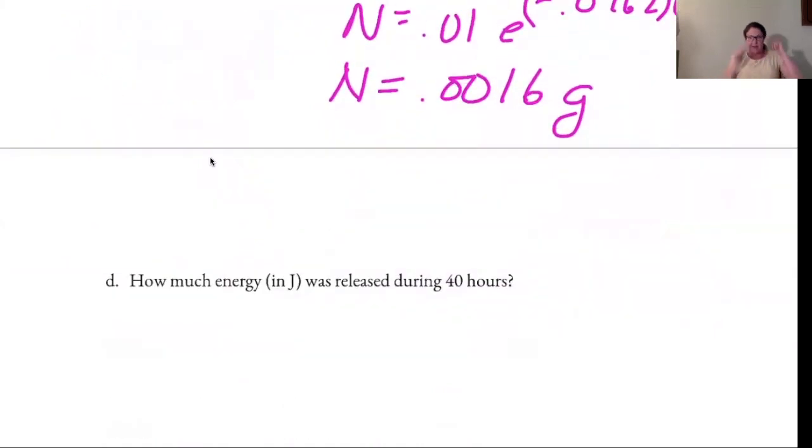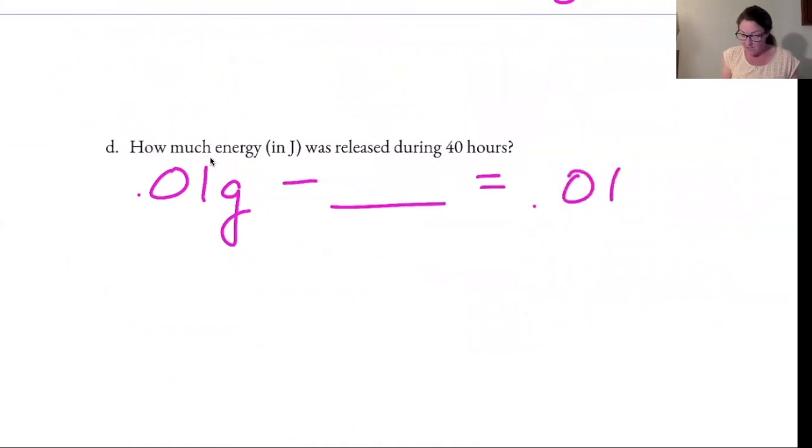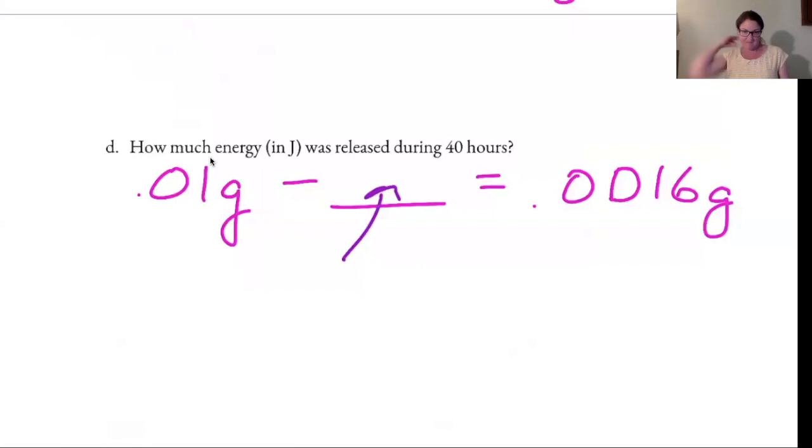The next question I'm asked is how much energy was released during 40 hours? We started with 0.01 grams. Then we lost a certain amount, and at the end we had 0.0016 grams remaining. This number here is going to tell me how many grams decayed.